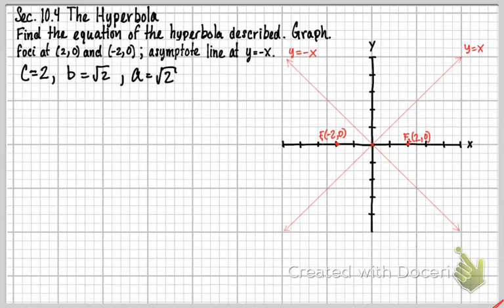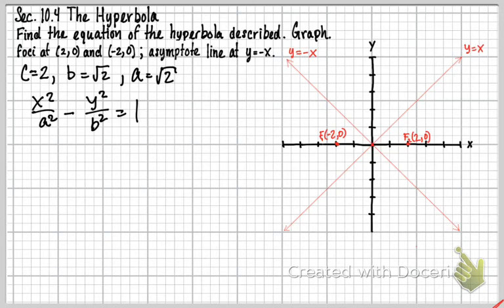And we also know that since this is centered at (0, 0), we get x squared over a squared minus y squared over b squared equals 1. The y is negative because this is a horizontal hyperbola, which opens left and right. So now we know what a is and we know what b is.